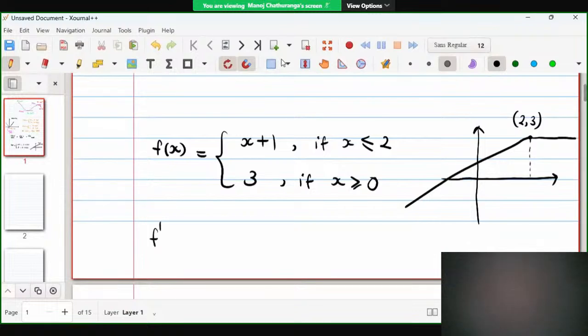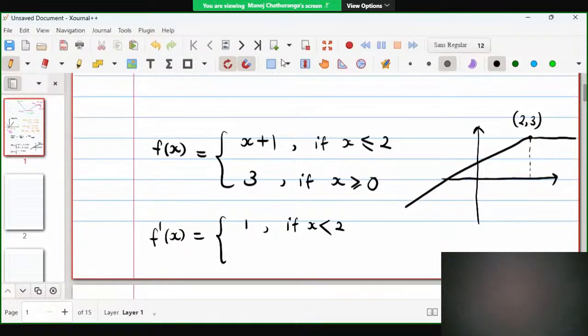Now if you compute the derivative of this function, until 2 the slope is 1. But at 2 we have a problem, because as you reach 2 from the left hand side, the slope is 1. As you reach 2 from the right hand side, the graph is horizontal.